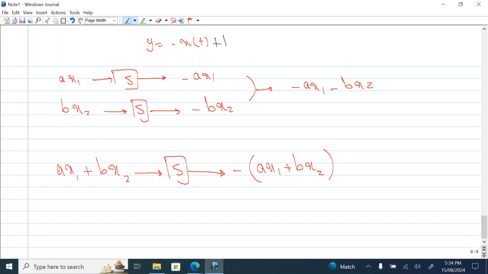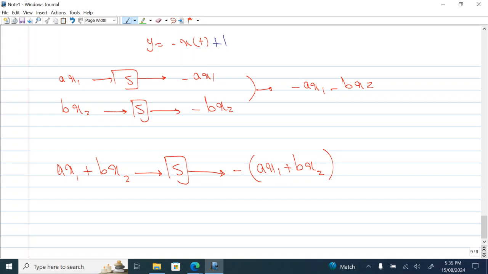I'm giving away exam questions. So add 1. So yeah, it's minus xt plus 1. Solve it to see if it's linear or not. Minus bracket ax1 plus bx2. This is linear. Minus xt was linear. That was the previous question.